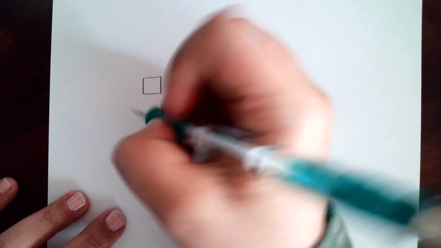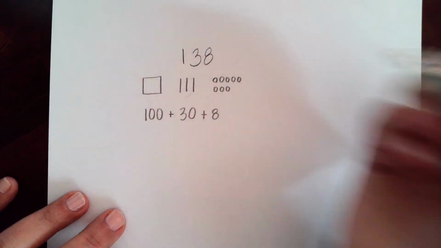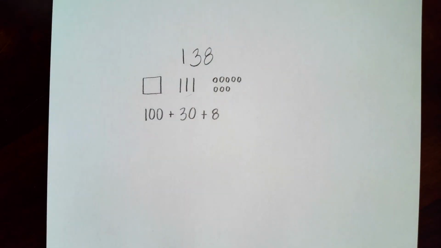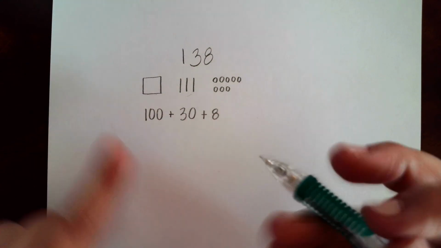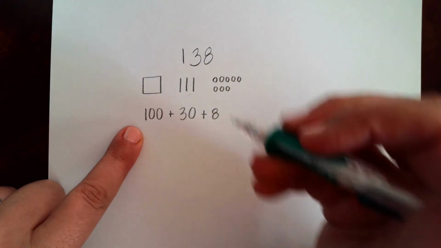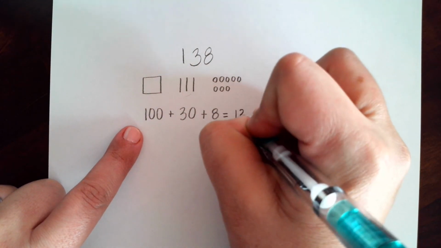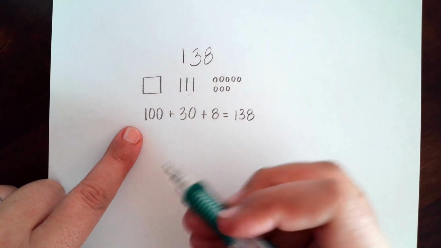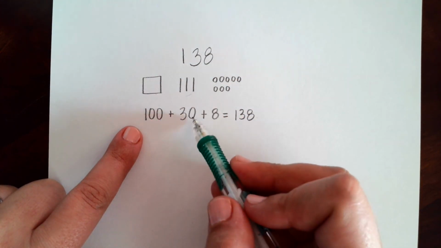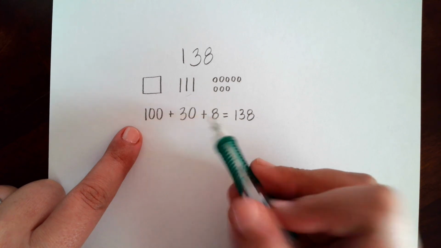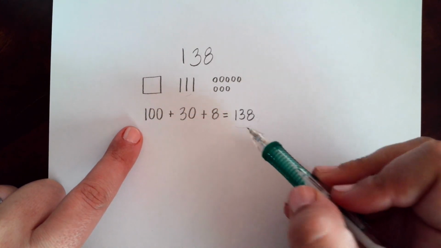So I can add 100 to my expanded form. And you'll see expanded form in two different ways. You'll see it looking like this, but you'll also see it looking like this with an equal sign, because 100 plus 30 plus 8 does equal 138.